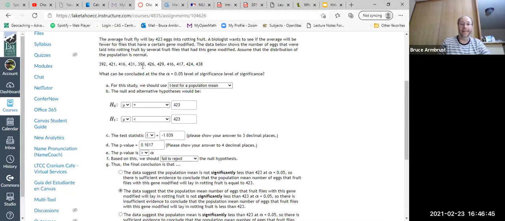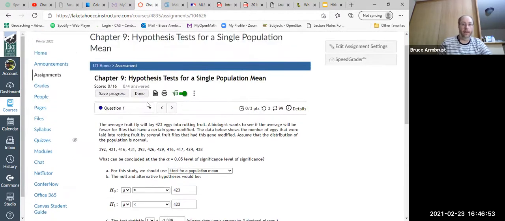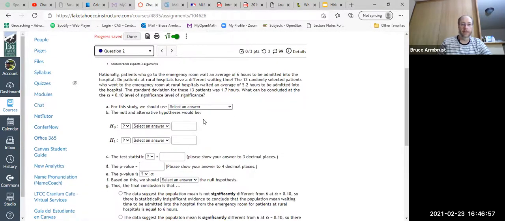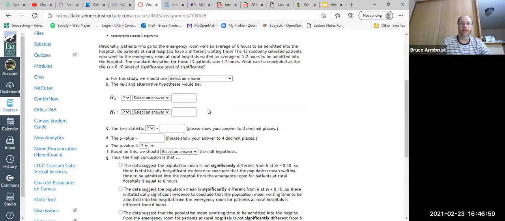When you have data, you want to put it into your calculator as data and let it run the numbers for you. Let's take a look at another one. This one is not one where you're going to put in data. It says nationally, patients who go to the emergency room wait on average 6 hours to be admitted.